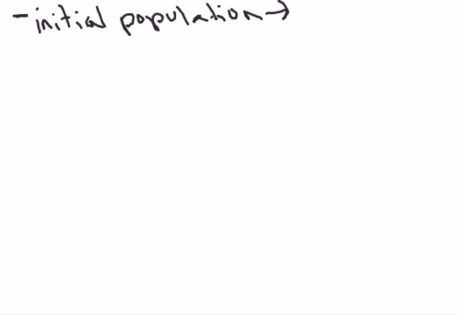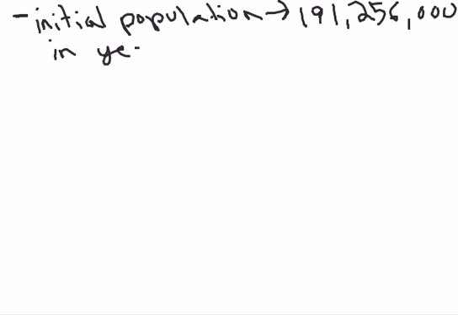So first, the initial population is at 191,256,000, okay, in the year 1990.